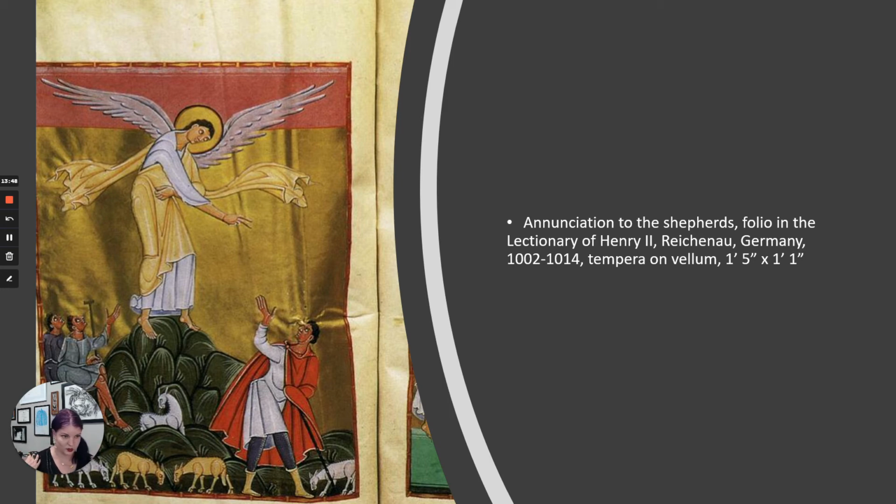Shoulders look like they're dislocated. Nothing is very realistic or naturalistic any longer. So we had a brief moment during Charlemagne's court where there was more of an interest in this classical view of things that were more naturalistic, and then that's not a thing anymore. Okay.